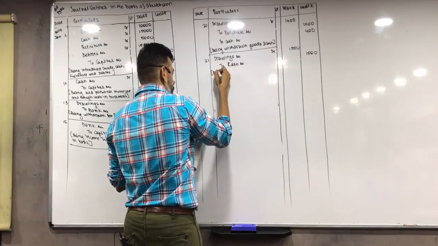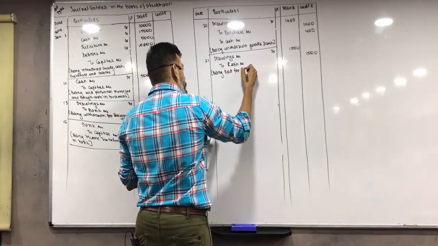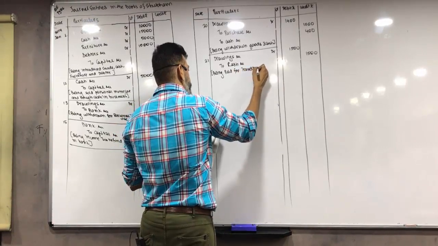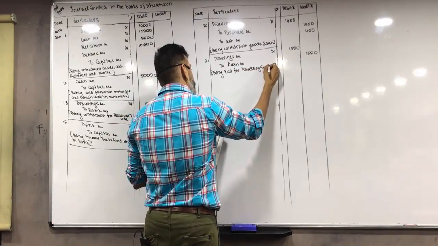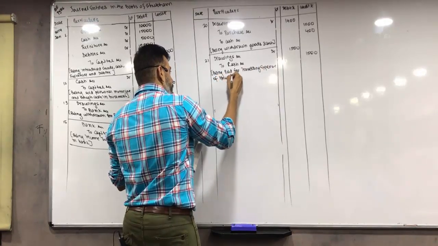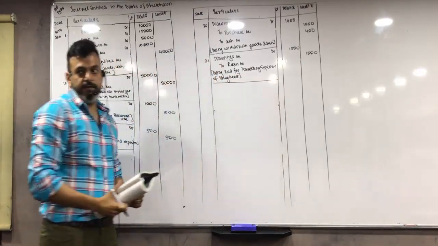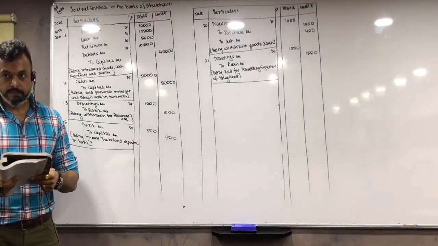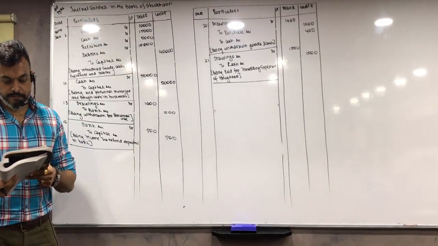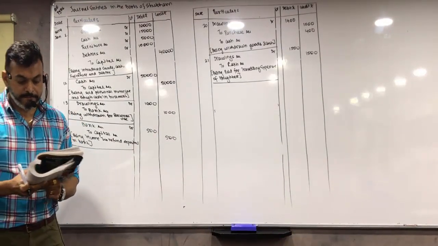Being paid for traveling expense of daughter. Personal expense of owner treated as drawings. Then, see, very interesting, 28.